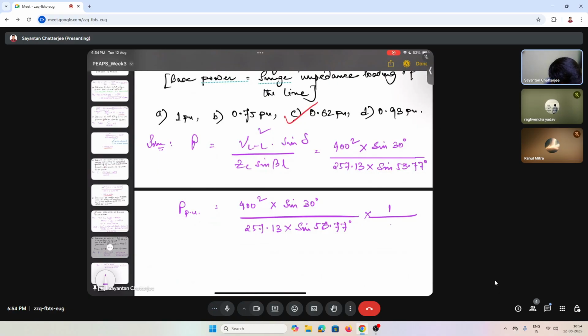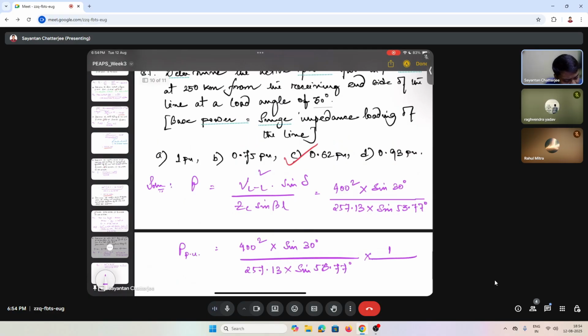So P, correct. What will be the value? If the per unit value base power is given as surge impedance loading of the line. Yes, I was saying that this VL square by ZC value, that is the surge impedance loading, we've already calculated.